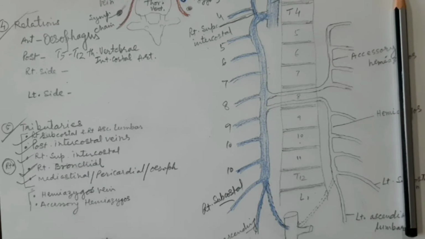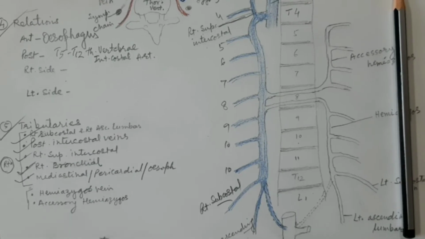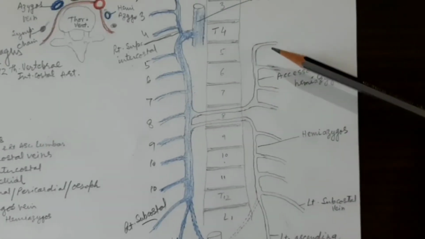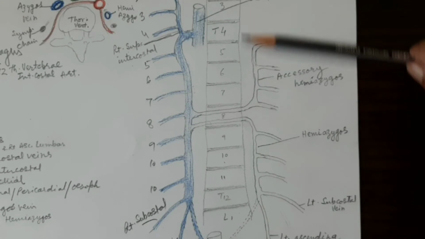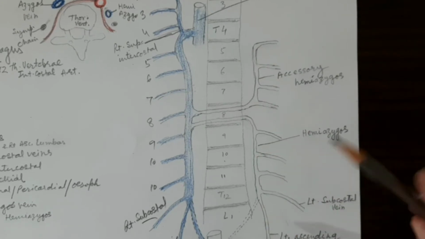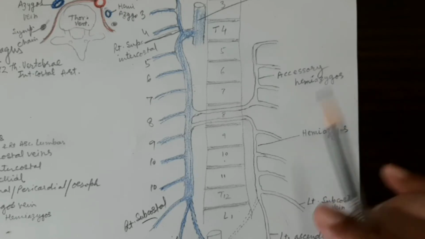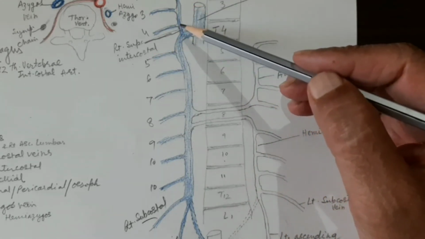Let us come to the hemiazygos vein. This drains the blood from the left side of the thoracic wall. The left thoracic wall is drained by a separate set of veins, similar to the right superior intercostal.